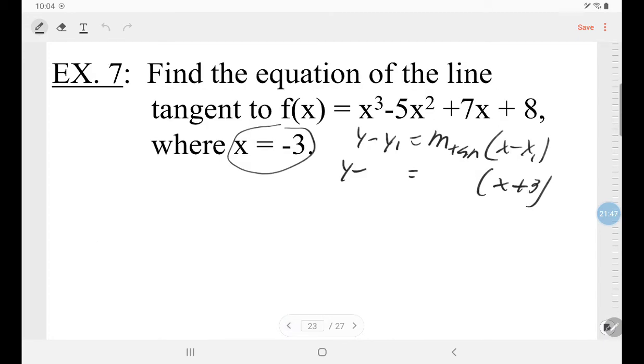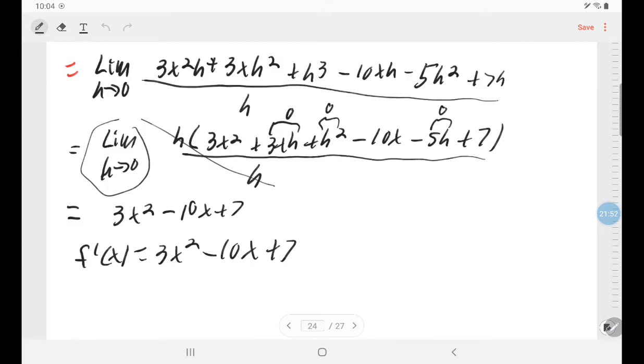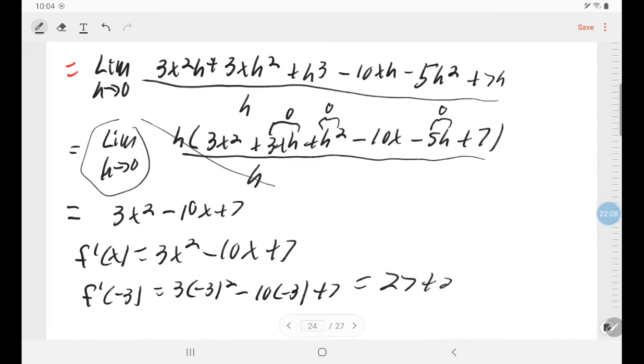What are we looking for? We're looking for that at -3. So I need f prime of -3, bear with me as I write here. -3 squared is 9 times 3 is 27 plus 30 plus 7.